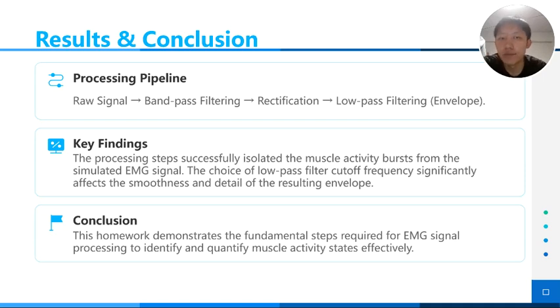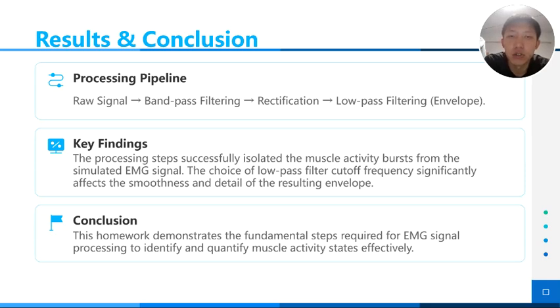In conclusion, we followed a standard EMG processing pipeline, starting with the raw signal, applying a bandpass filter, rectification, and finally a low-pass filter to extract the envelope.